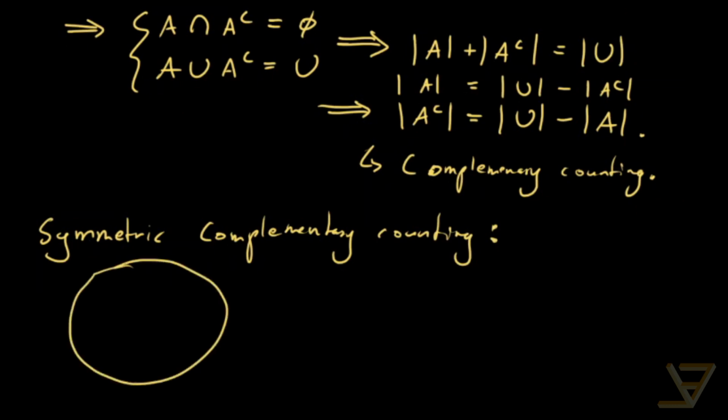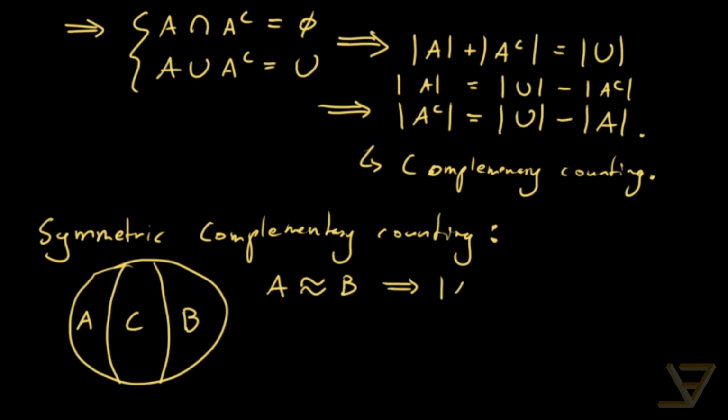So let's say we've got a set and we have A and B here and C here. So we've broken up the set into A, B, and C, but A is equipotent with B, which means the cardinality of A is equal to the cardinality of B. So what you can do is say that 2 times the cardinality of A, since it's A plus B, plus the cardinality of C is equal to the cardinality of the universal set.